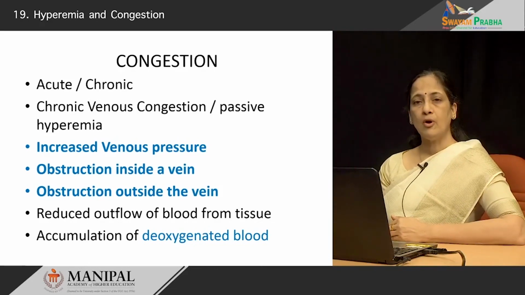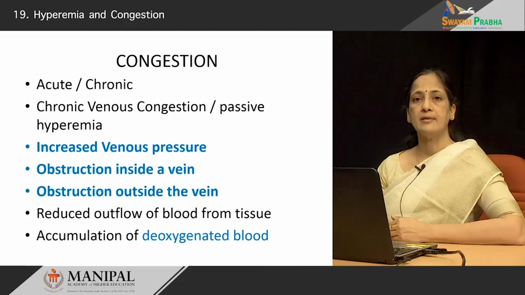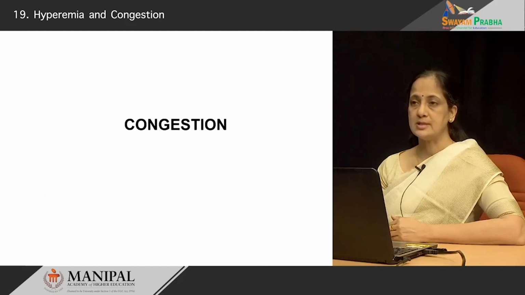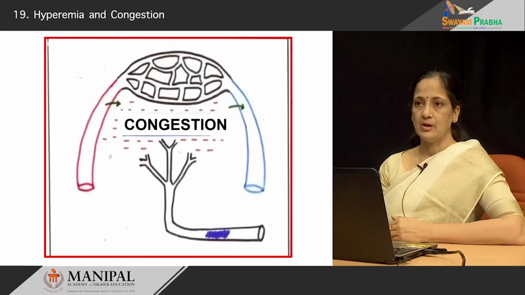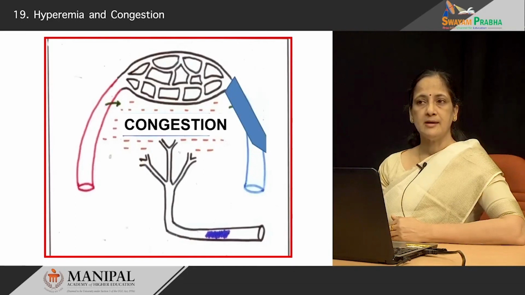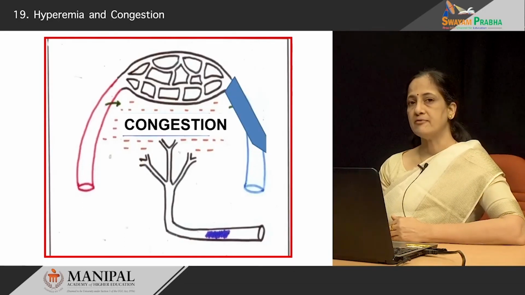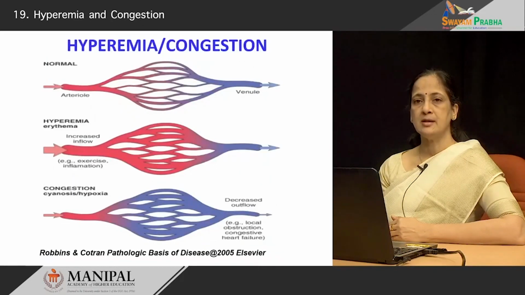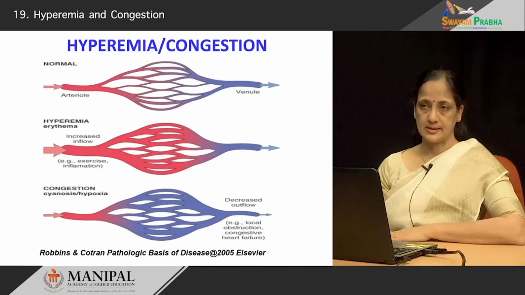Reduced outflow of blood from the tissue results in accumulation of deoxygenated blood and therefore cyanosis, as we already said. So, in congestion, there is stagnation in the venous side of the circulation causing cyanosis.